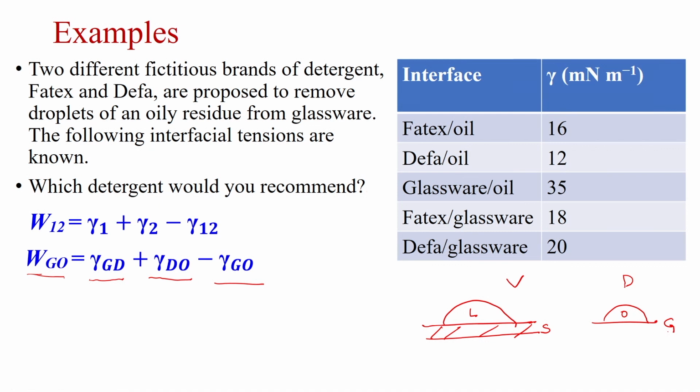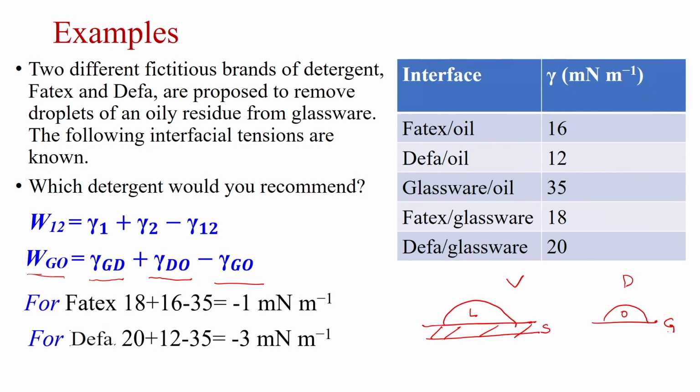Now, all values are given here, we can calculate for both the detergents Fatex and DEFA. So, for Fatex it is coming out to be gamma glass and Fatex is 18 plus gamma Fatex and IL is 16 minus gamma glassware and IL is 35, it is coming out to be minus 1.